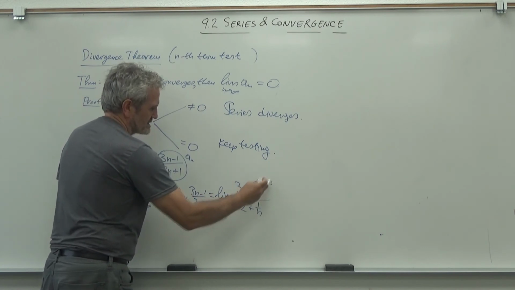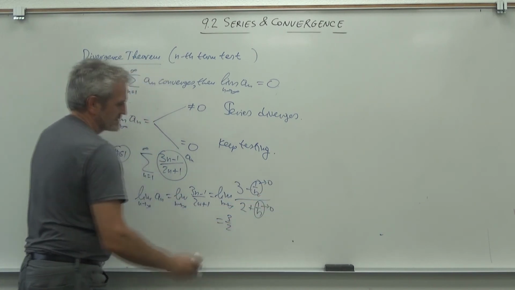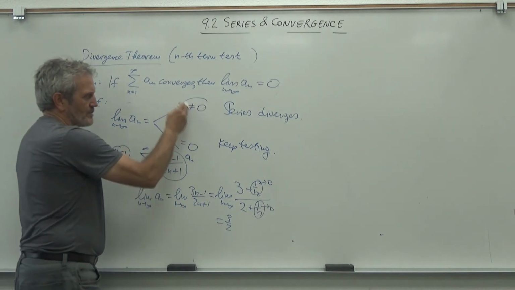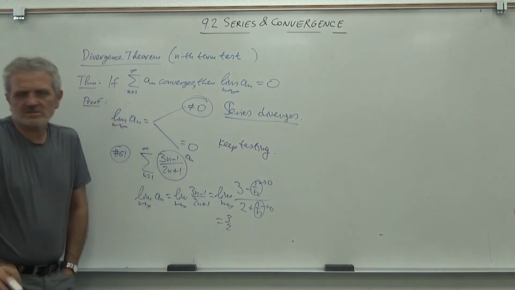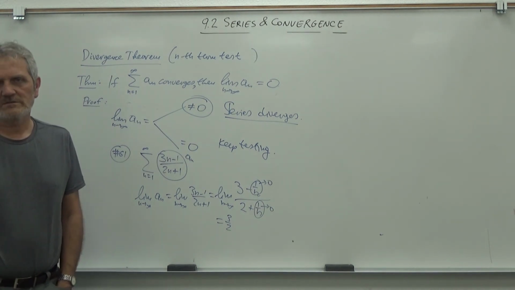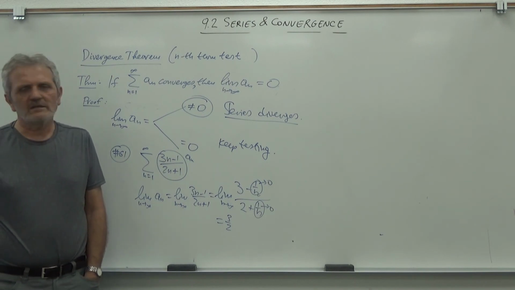All the terms with 1 over n approach 0, so this limit is 3/2. So this limit is not 0, the series diverges, problem solved. Nothing else. When we find that a series diverges, we don't analyze it further.